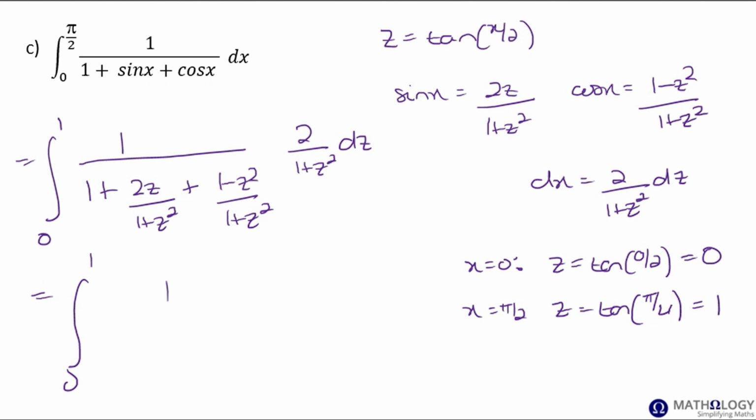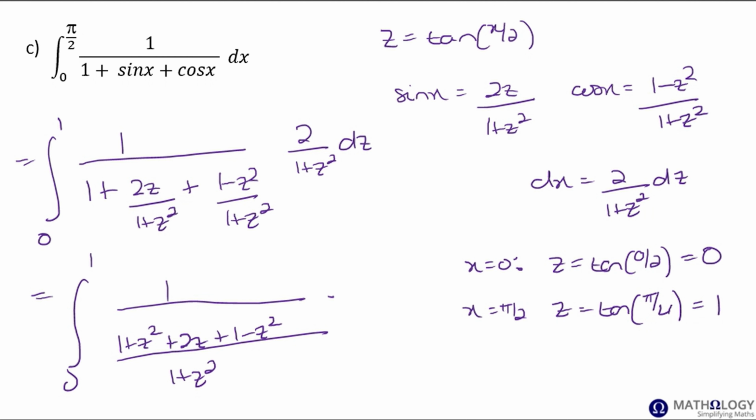So getting a denominator at the bottom, (1 + z squared), we have (1 + z squared + 2z + 1 - z squared) times 2 over (1 + z squared) dz.